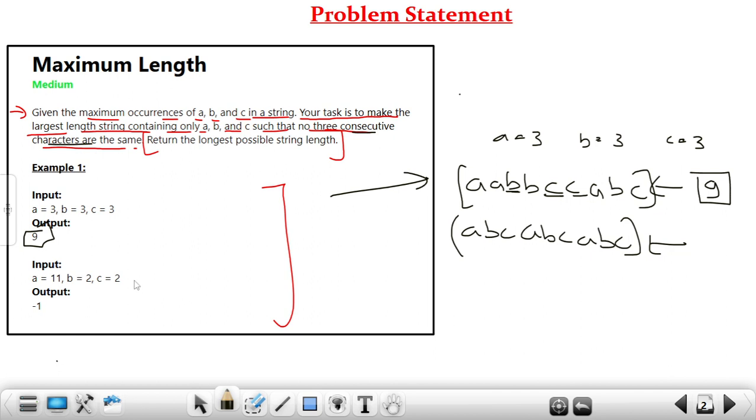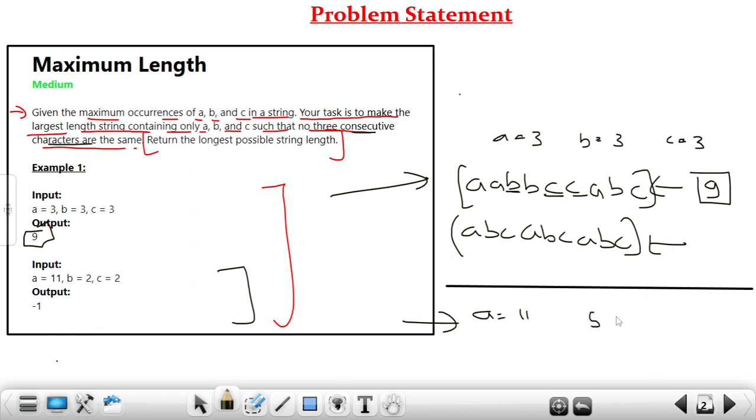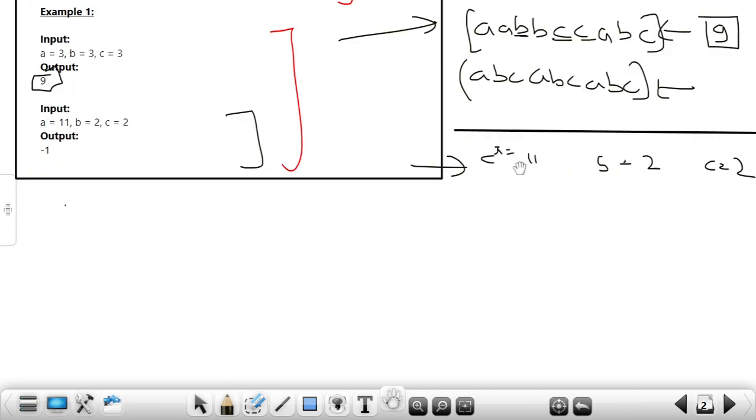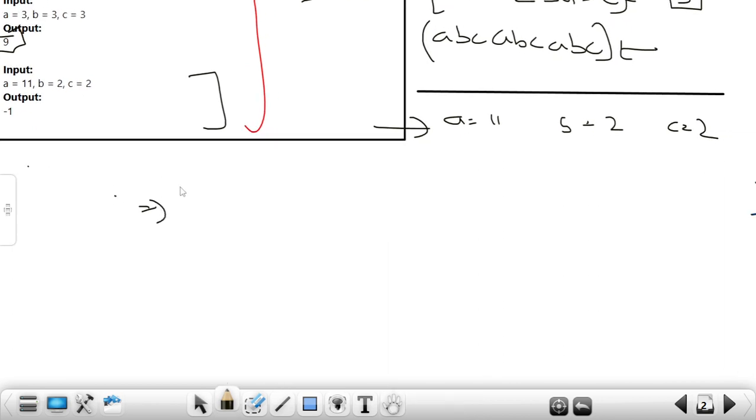Okay, now let me talk about the second example. So this example says that we have A equals to 11, B equals to 2 and C equals to again 2. Okay, so let's check. The most optimal string that I can write is AAB, after that AA, after that C, after that again A, after that B, after that A, after that again C, and after that I can write AA.